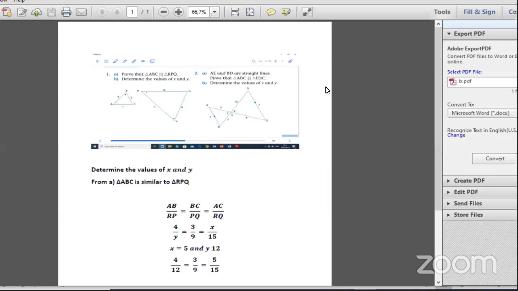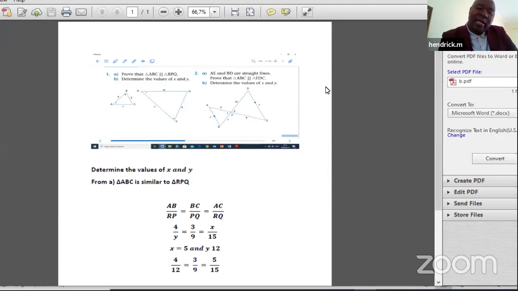Then once you solve this equation, it should be clear if you look at the middle one, 3 over 9. Can you see that your numerator is 3 and your denominator is 9? Now, in order to get to 9, what did you do to the numerator? This means that you have multiplied 3 by 3 to get to 9.